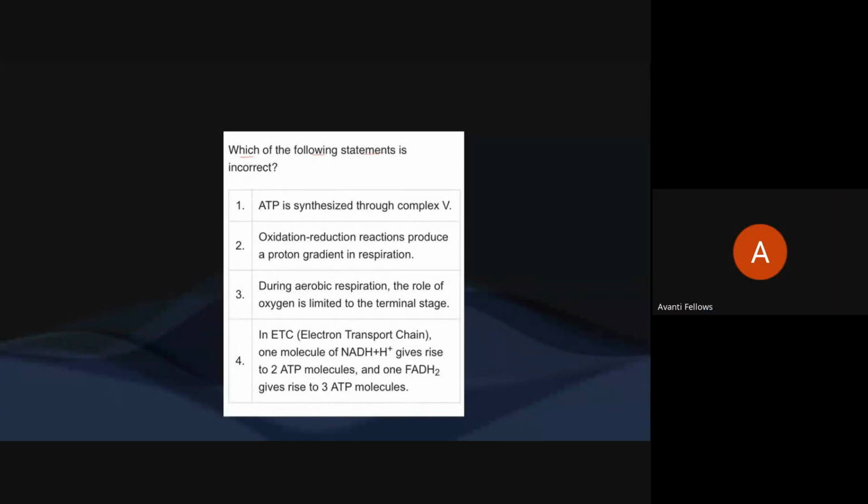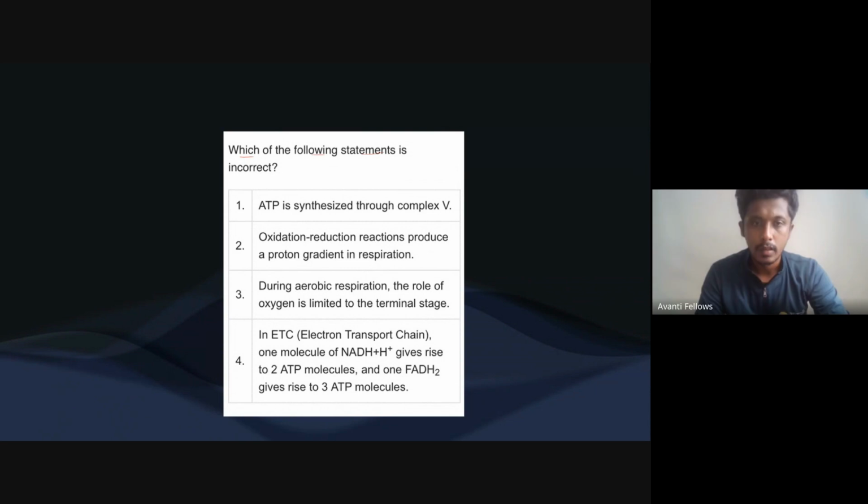Just read the question, students. Did you go through all the options? Can we see what's the right option here? ATP is synthesized through complex 5.